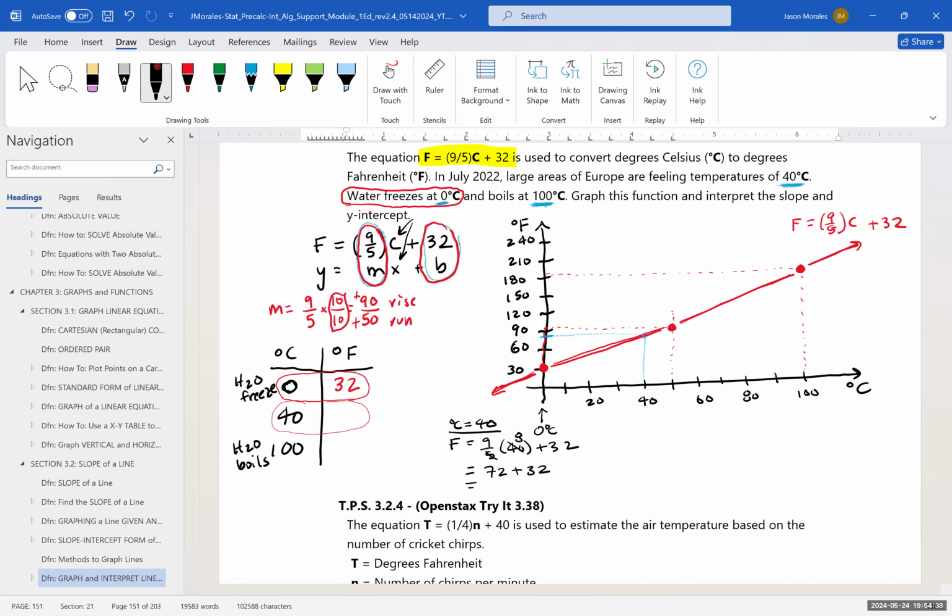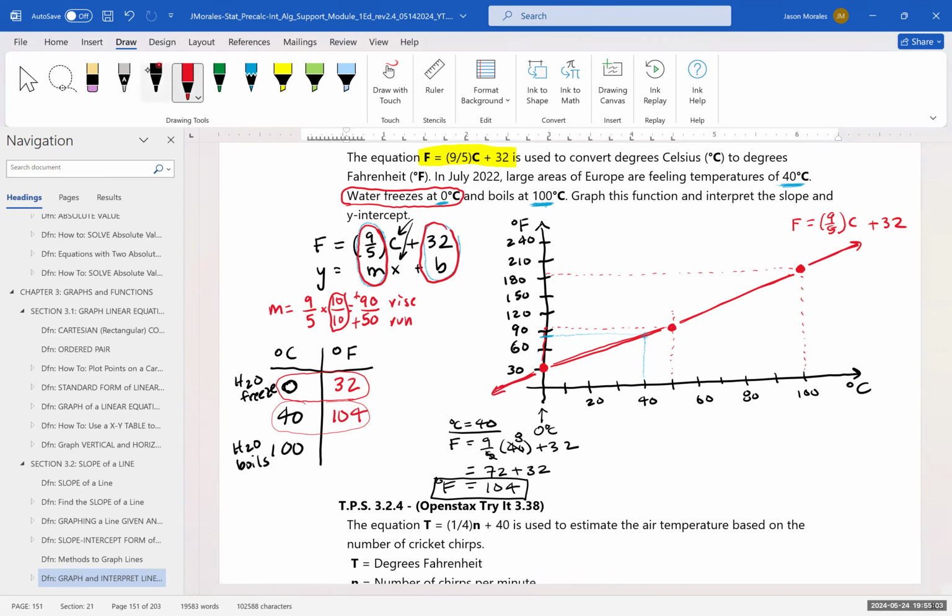Looks like I was wrong. That's going to be 104. So it looks like maybe my graph is a little off. Oh, I know why. This helped me find an error. So degrees Fahrenheit is going to be 104. What did I do?